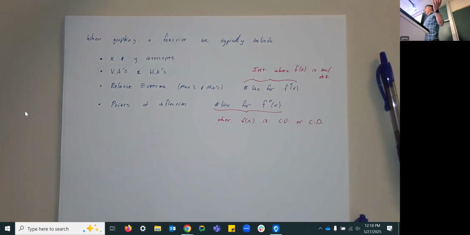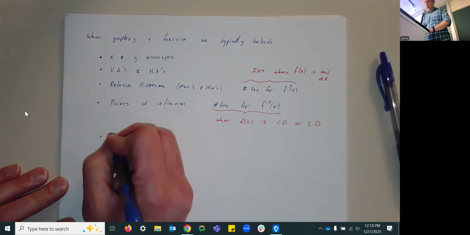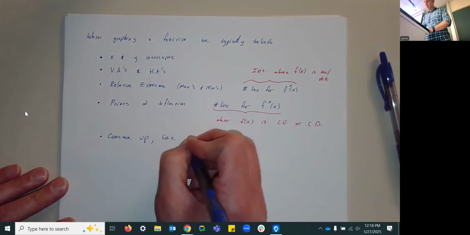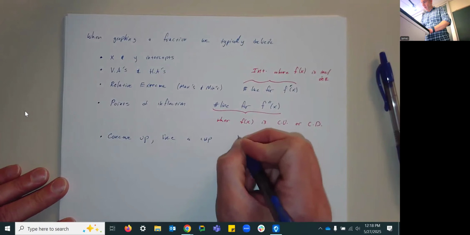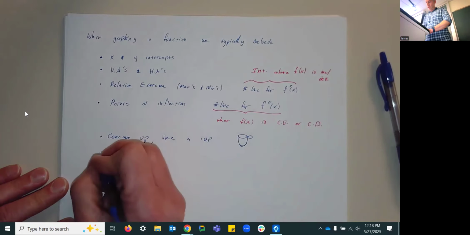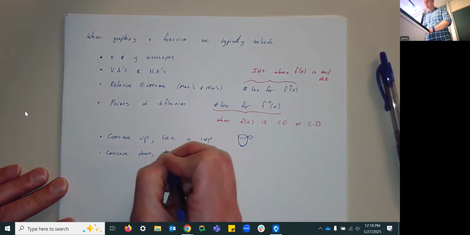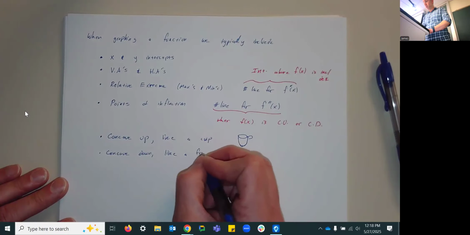So what does it mean to be concave up or concave down? Well, there's a rhyme that's kind of lame, but I remember it. Someone said to me one time, concave up like a cup. Or concave down, you might be able to guess this next one, like a frown.